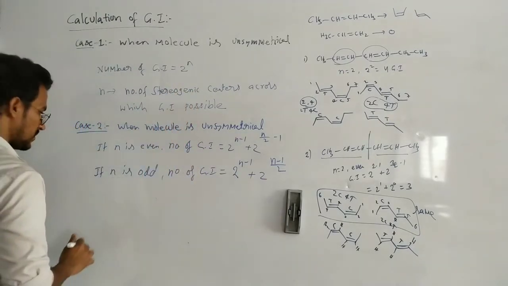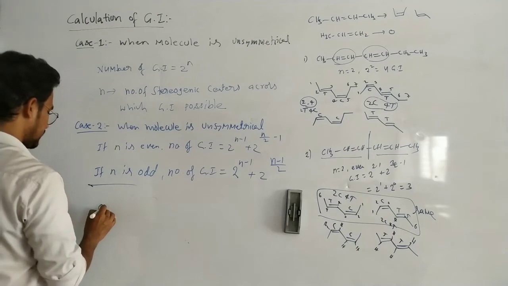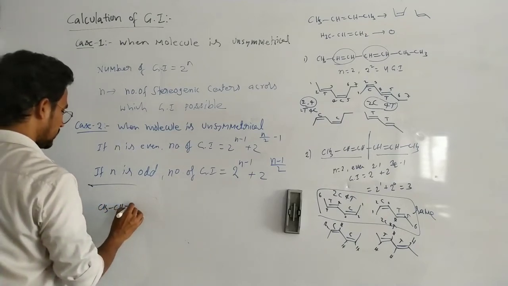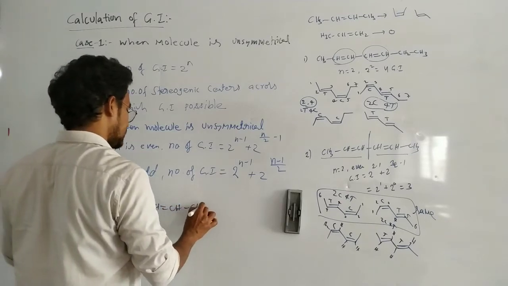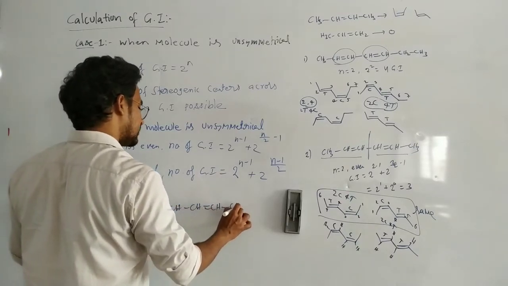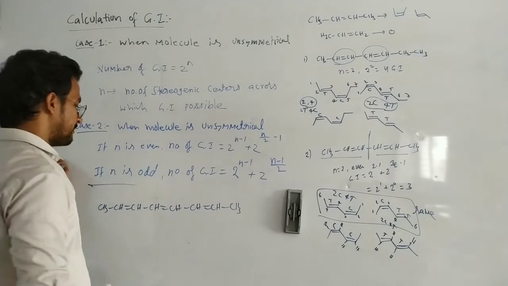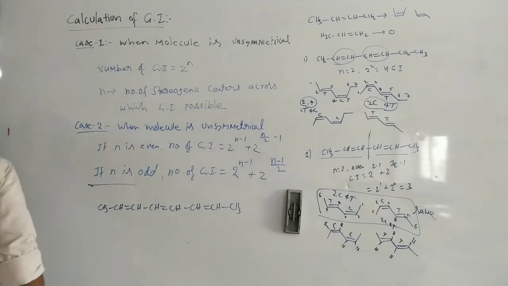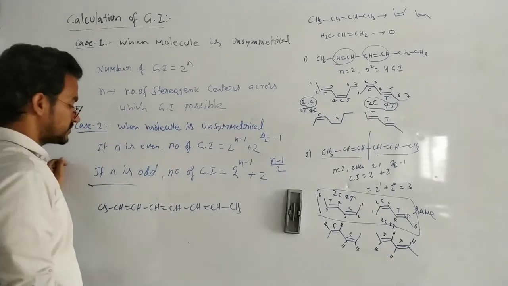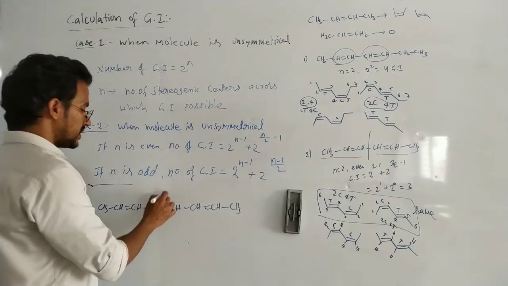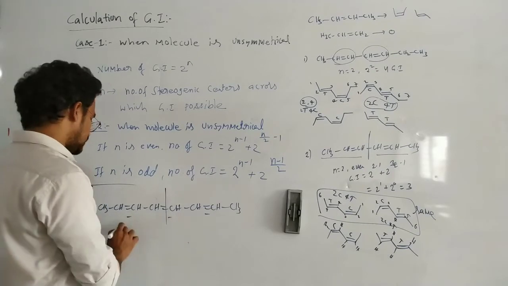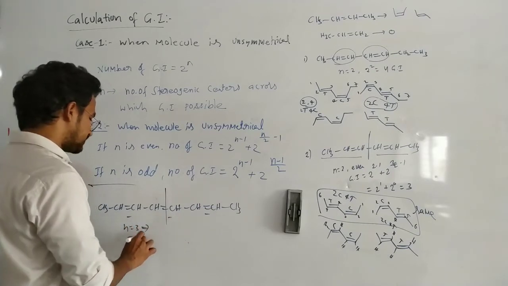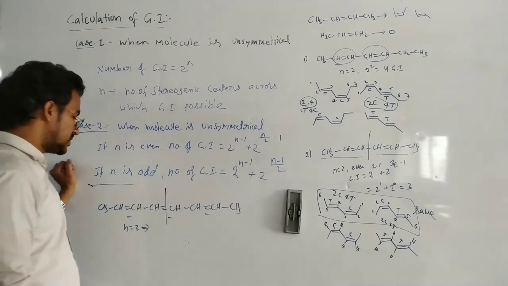Next, suppose CH3-CH=CH-CH=CH-CH=CH-CH3. Here it can be cut into two equal halves. Here 1, 2, 3, so n equals 3.